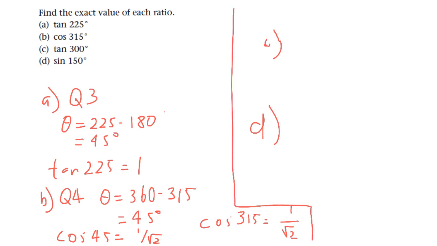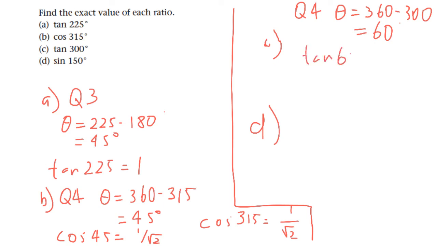Having a look at the next two, tan of 300. 300 degrees puts me in quadrant 4. To find my acute angle from quadrant 4, I'm going to say 360 minus 300. So the related angle I'm looking at is 60 degrees. So tan 60 is root 3.